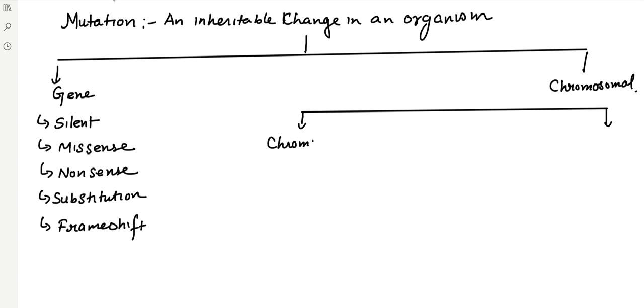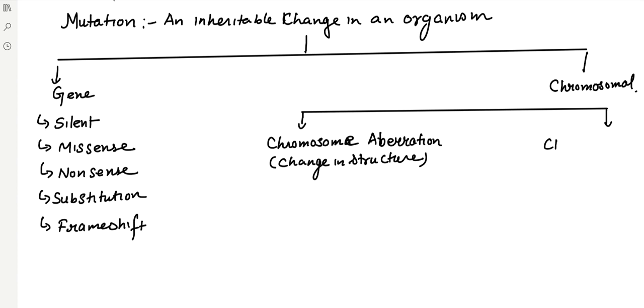Chromosomal aberrations is something when there is a change in structure. There is change in structure of an organism, but the number remains the same.